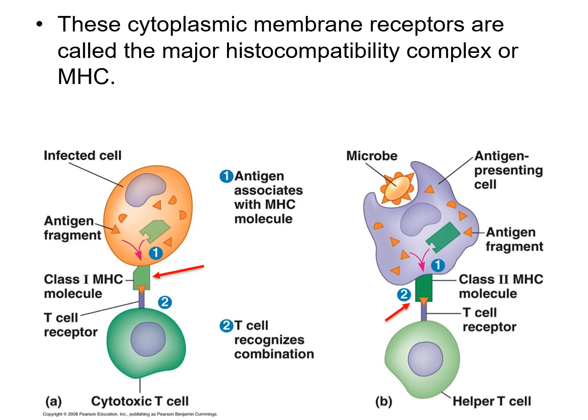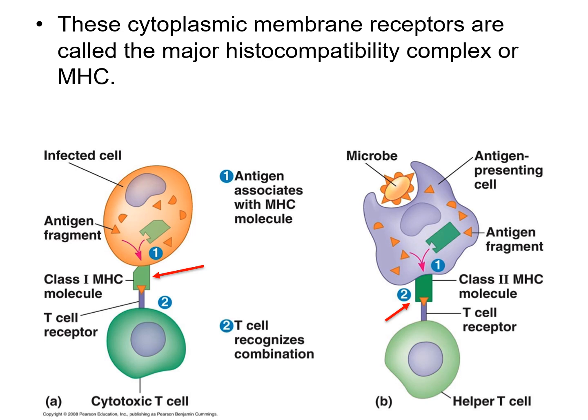These membrane receptors are called the major histocompatibility complex, or MHC. In the picture, I'm pointing to the MHC. I think of the MHC as a glove that you put on. And once you have the glove on, then now you can capture something.